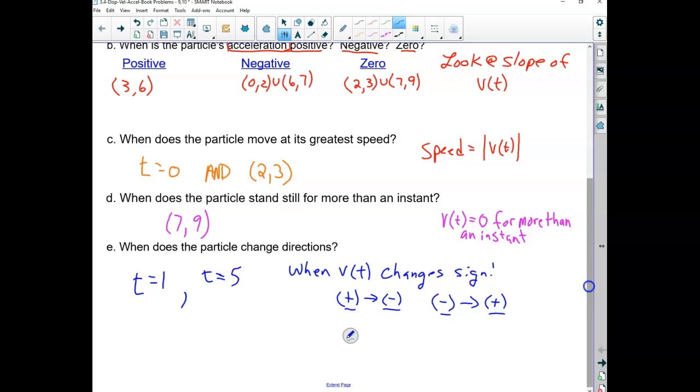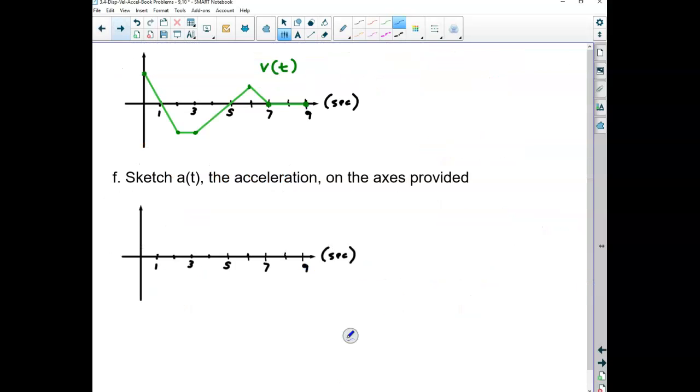Okay? So the next thing, this is a little extra added extension to this problem. Given your velocity graph, we just want to sketch the acceleration on the provided axis that you have there.